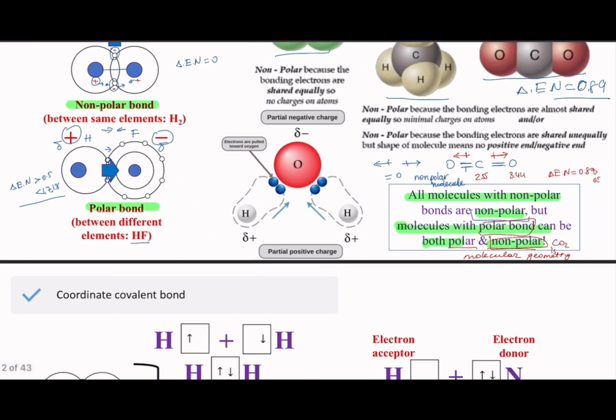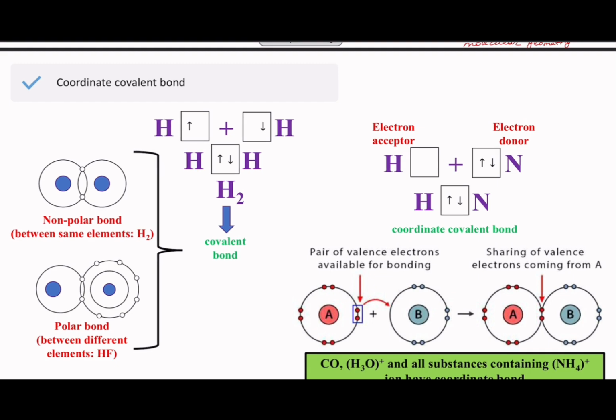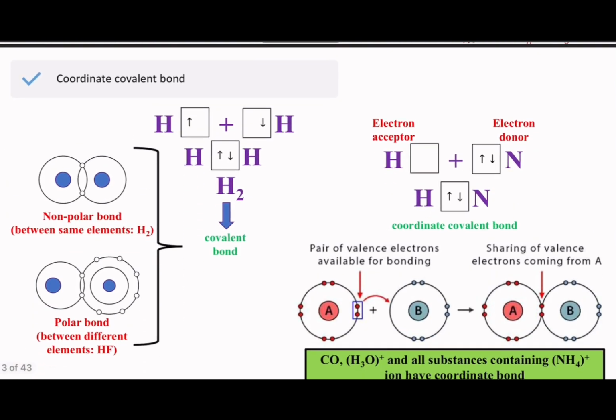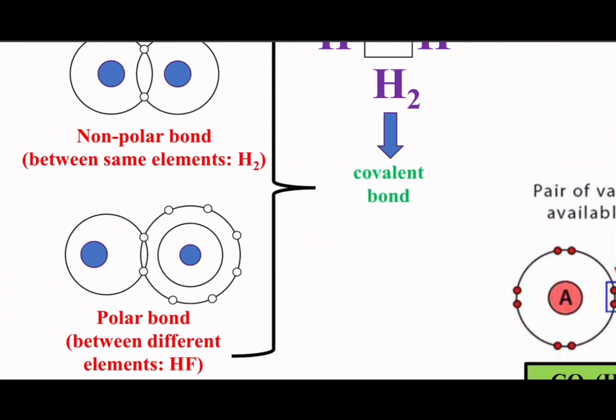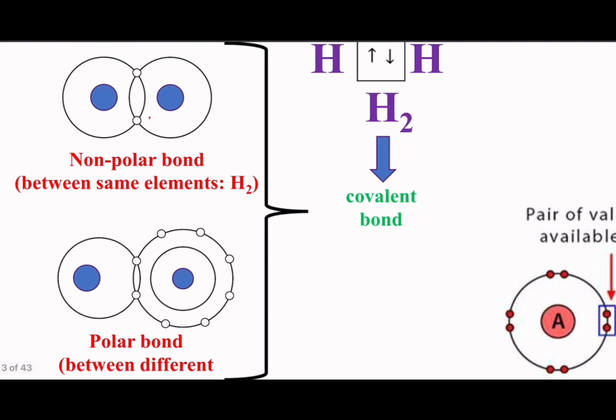Now we're going to talk about the coordinate covalent bond. We're going to come back to this topic, don't worry about it. Before, nonpolar or polar bonds happened by sharing one electron from each atom. So hydrogen and another hydrogen each bring one electron and make a bond.